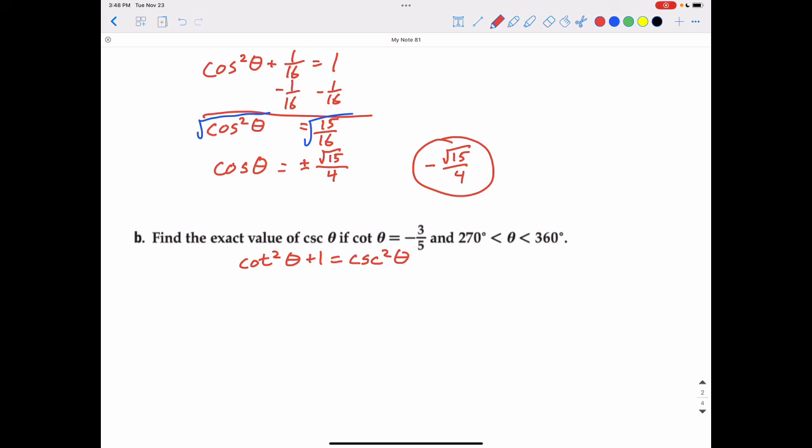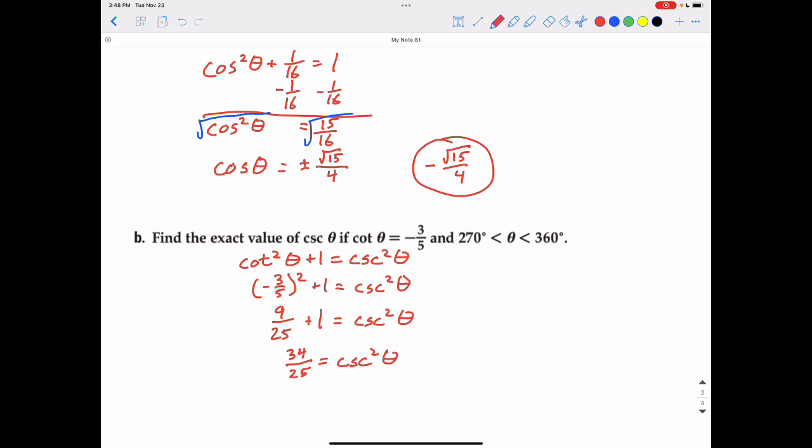And cotangent of theta is negative 3/5, so that means I'm going to have negative 3/5 squared plus 1 equals cosecant squared theta. Negative 3/5 squared is 9/25. So 9/25 plus 1 equals cosecant squared theta. 9/25 plus 1 is 34/25.